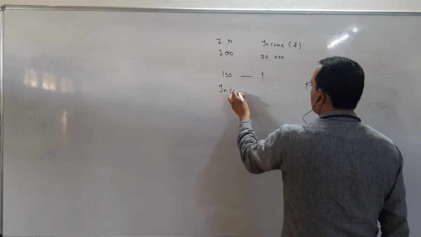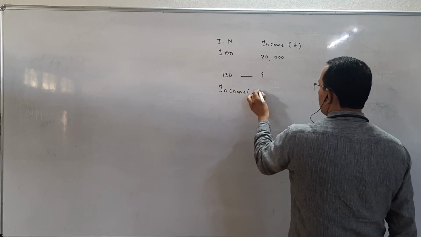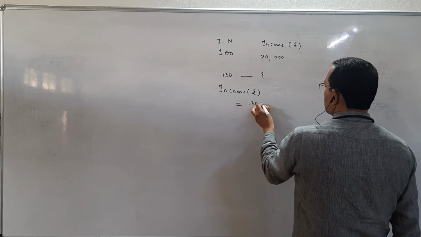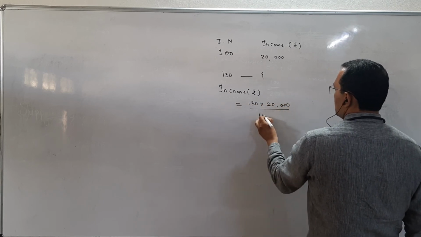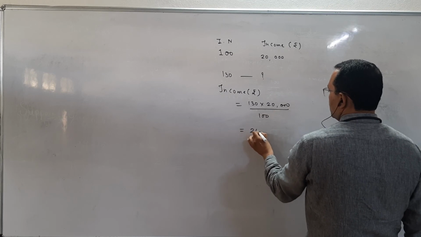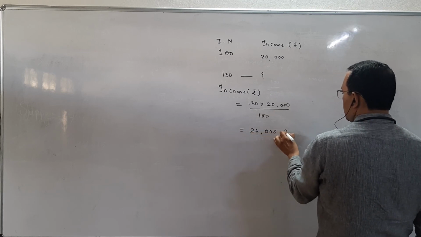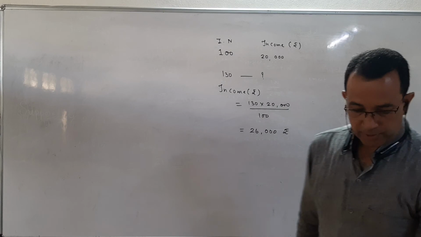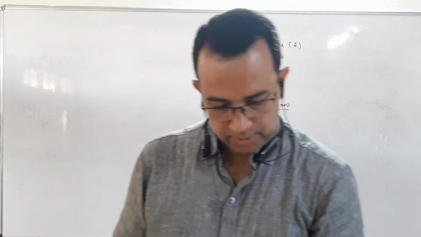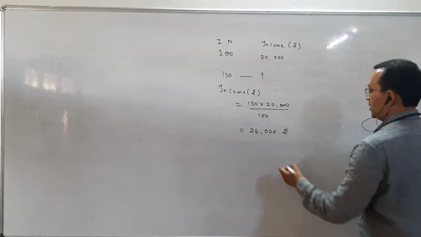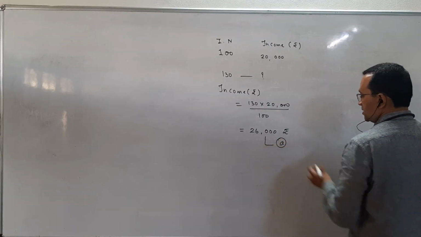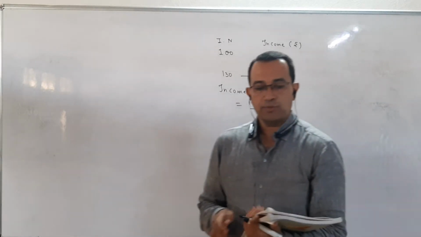So income in rupees is equal to 130 into 20,000 divided by 100. So income must be 26,000 rupees. So the correct option is A. Students, option A is the correct option.